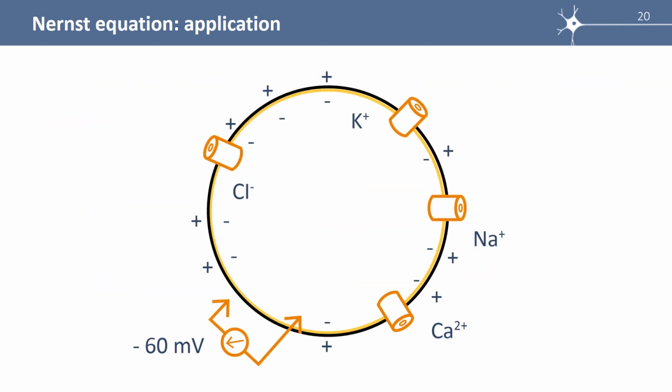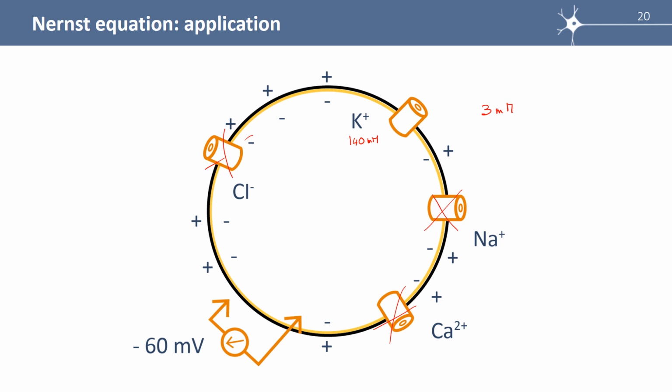Let's apply the Nernst equation to potassium ions. We suppose that only the potassium channels are open in this membrane. So sodium, chloride, and calcium ions do not go through the membrane. Only potassium ions go through the membrane. You remember that inside you have 140 millimolar and outside 3 millimolar.